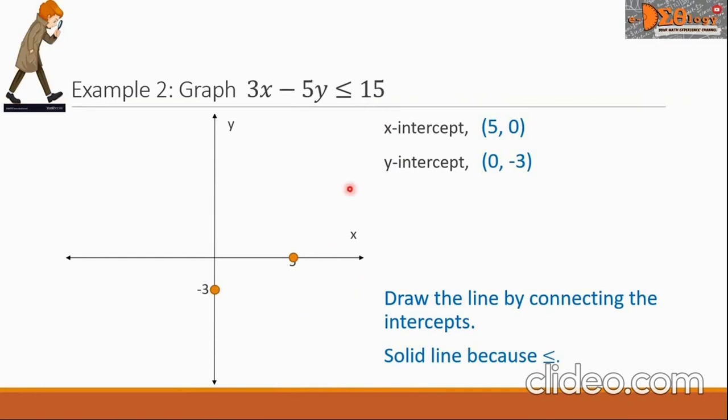The x-intercept, which is (5, 0), is here, while the y-intercept (0, -3) is here. Then let us connect. We will draw a solid line. Here we go. This is now our line. Remember also that when we draw the line, we are dividing the area into two regions. This is the first region, and this is the second region.